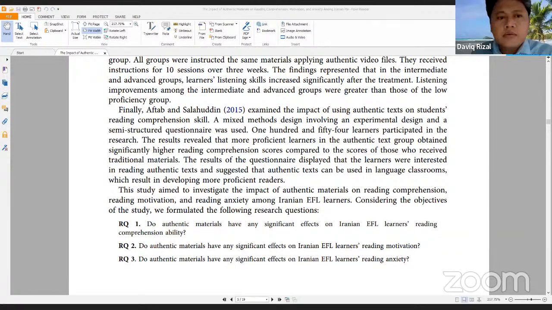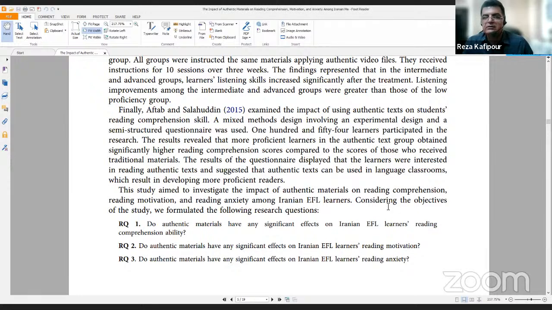Okay. Actually, the gap is related to materials that we do not know whether they are effective ones or not in our own context in Iran. So we are going to do research, because some of the books in the Iranian context are prepared by a specific institute, and they are shared among, for example, different English institutes or different universities.